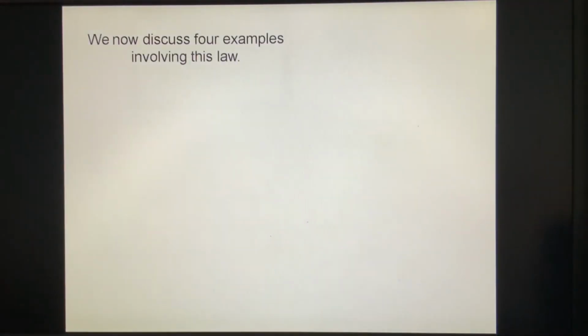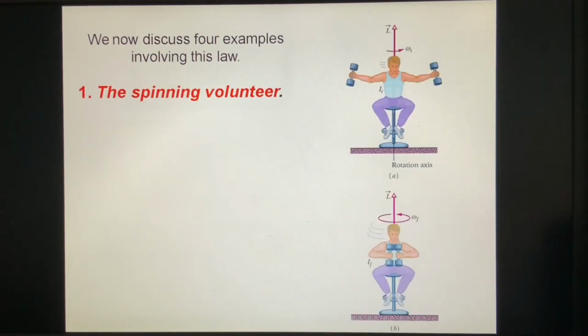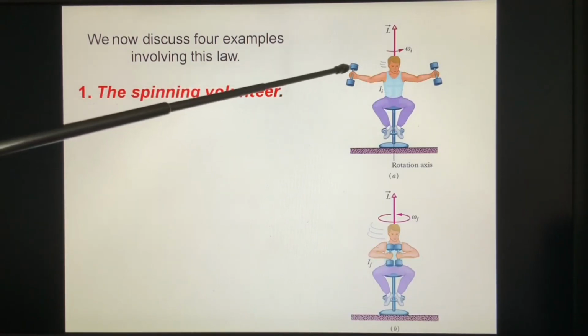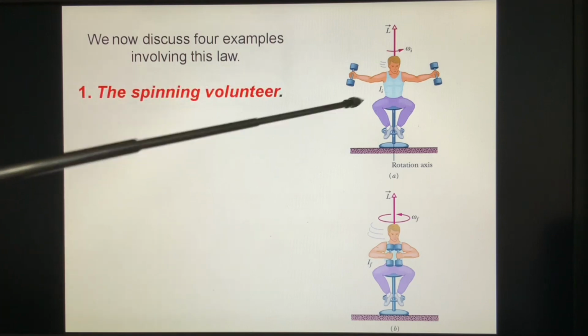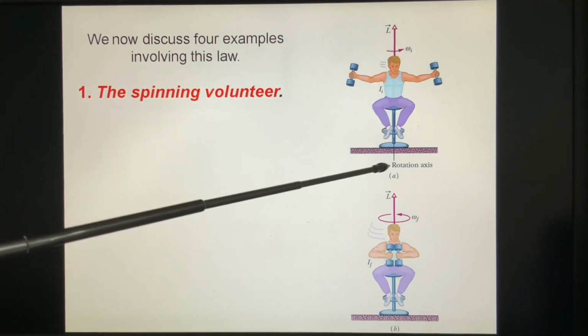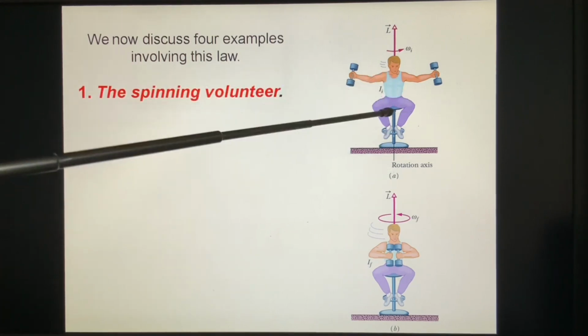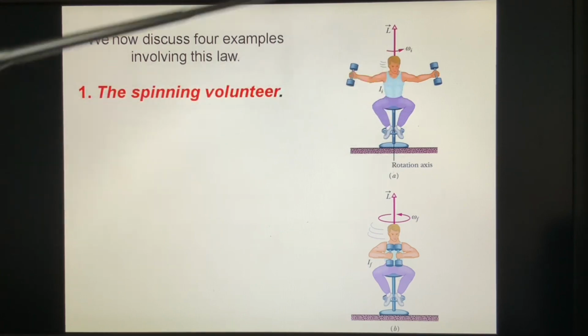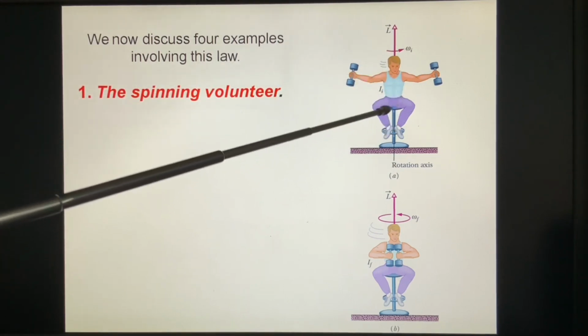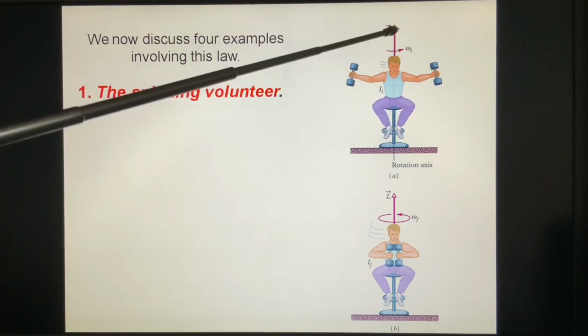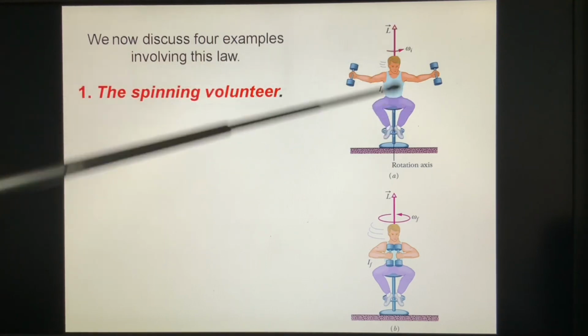We now discuss 4 examples involving this law. The spinning volunteers. You see this guy sit in the chair with 2 dumbbells. Are there forces? Yes, gravitational force, and from the chair, normal force. But these 2 forces produce no torque around this axis because they are parallel, okay?